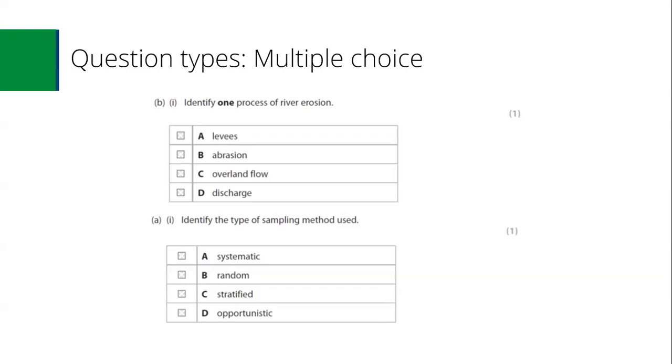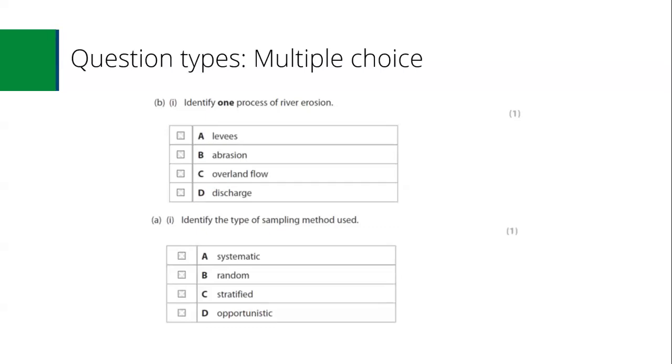Some multiple choice questions like that shown here are simple recall, but can also be a little bit more challenging. So identify one process in river erosion is getting the student to decide which one of the four is river erosion, but also knocking off the ones that aren't.